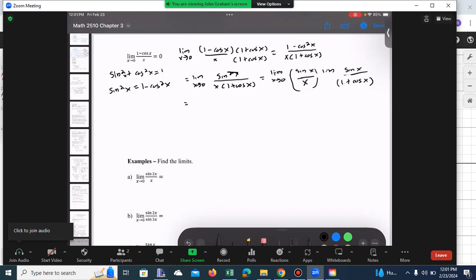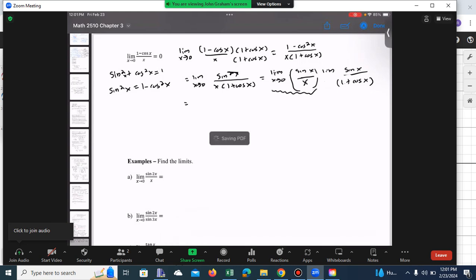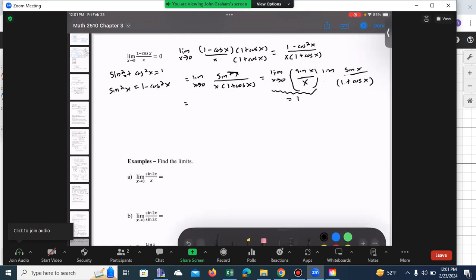So this is allowed. We already did the one on the left. We know that equals 1.